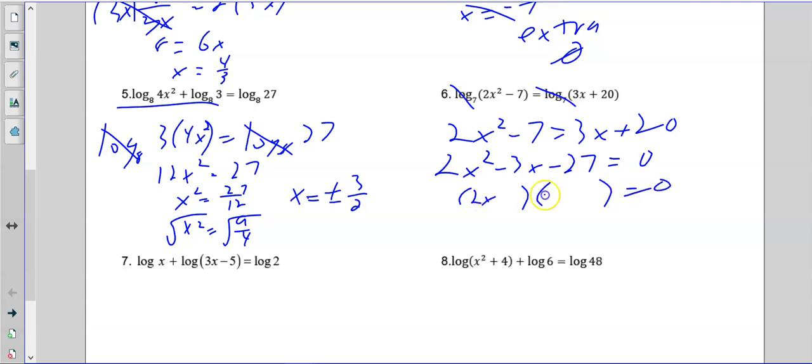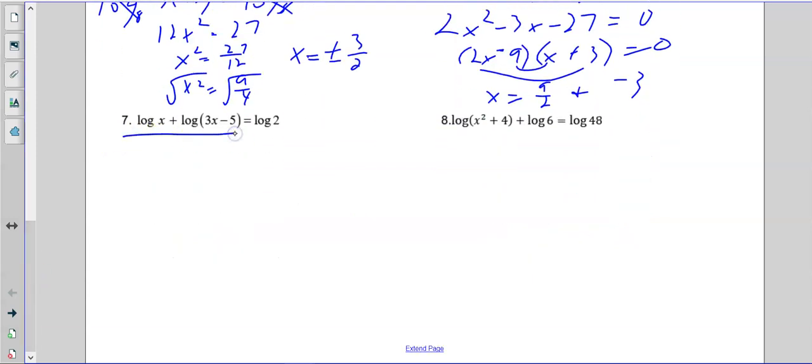This ends up being 2x times x. And we're going to go with 9 times 3 here to make 27. That's 9. That's 6. We can get 3. Since we want more negatives, we do negative and positive here. So that gives us x equals 9 halves and negative 3. Not 2 negatives.